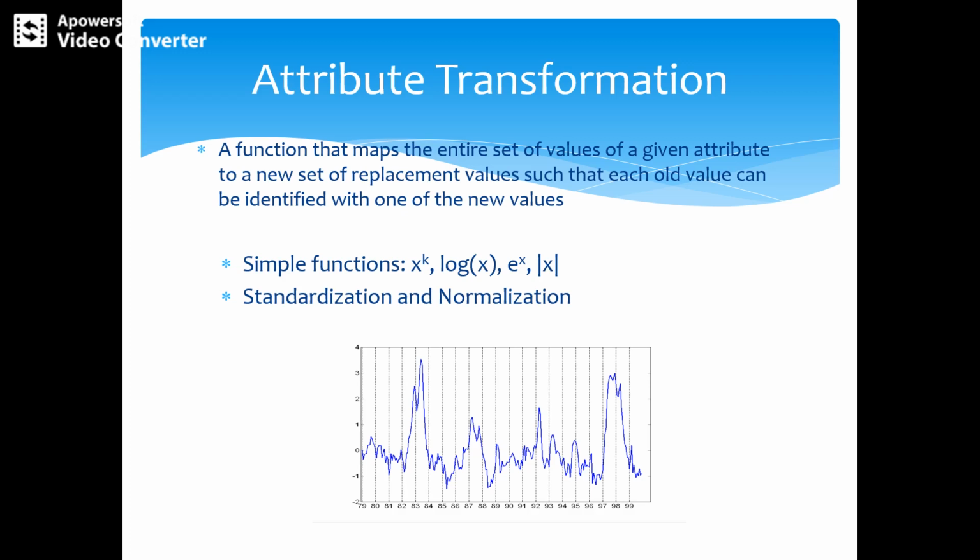Variable transformation should be applied using two techniques here, standardization and normalization, to solve the particular problem at hand. For instance, the transformation 1 by x reduces the magnitude of values that are 1 or larger, but increases the magnitude of values between 0 and 1.